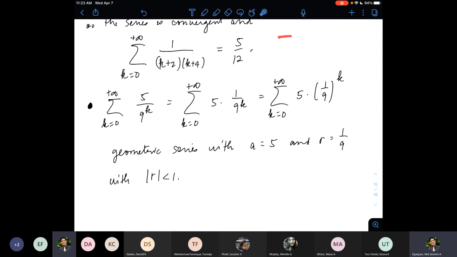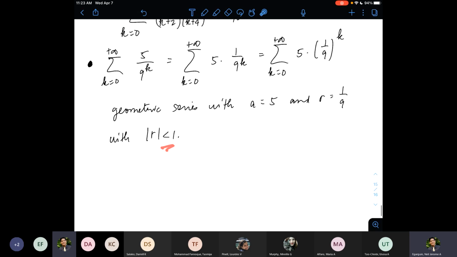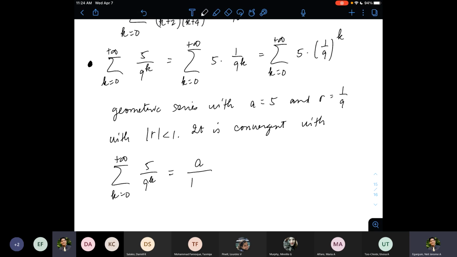So remember, geometric series would be of the form like this. So a is 5, r is the base, which is 1/9, and the magnitude of r is 1/9. The absolute value is 1/9, less than 1. So it is convergent with sum equal to, remember, it's a over 1 minus r.